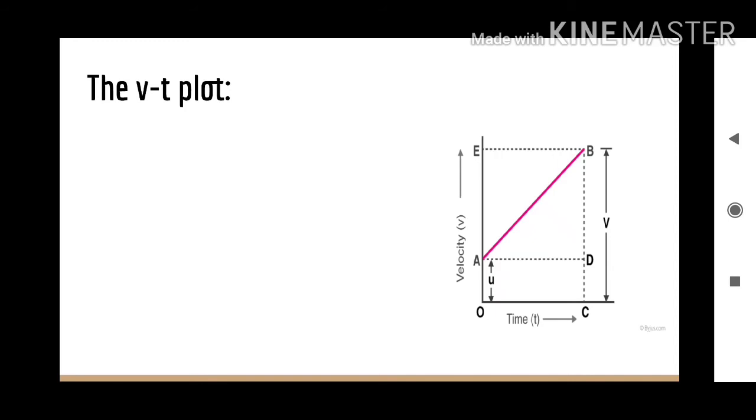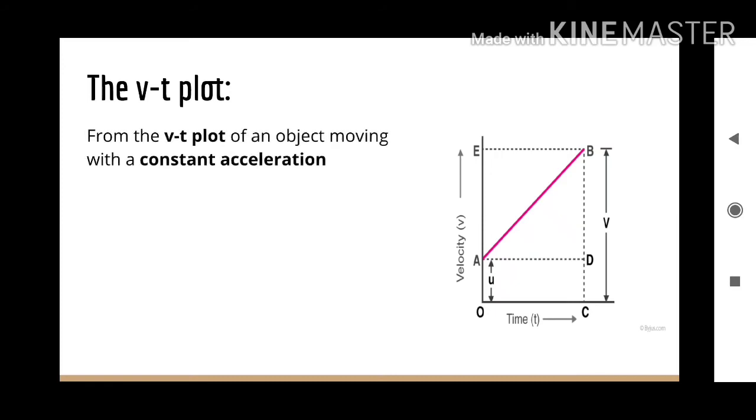They have shown that OA is equal to u. Then as time progressed, the velocity of the object changed and it went up to the point B. The line segment CB represents the final velocity.